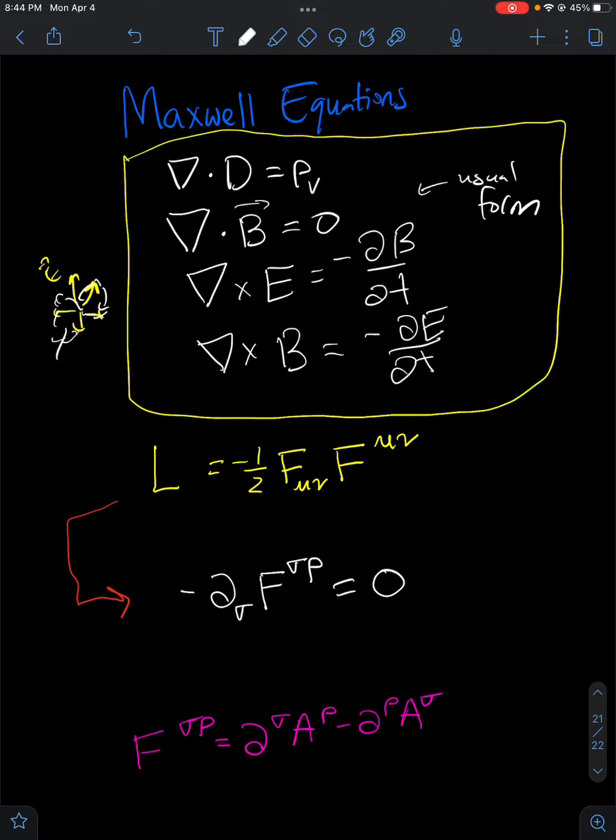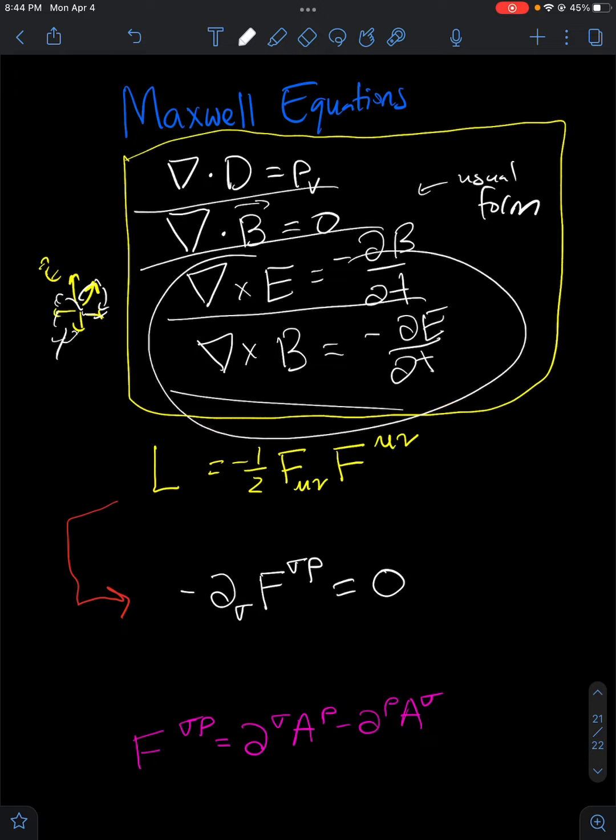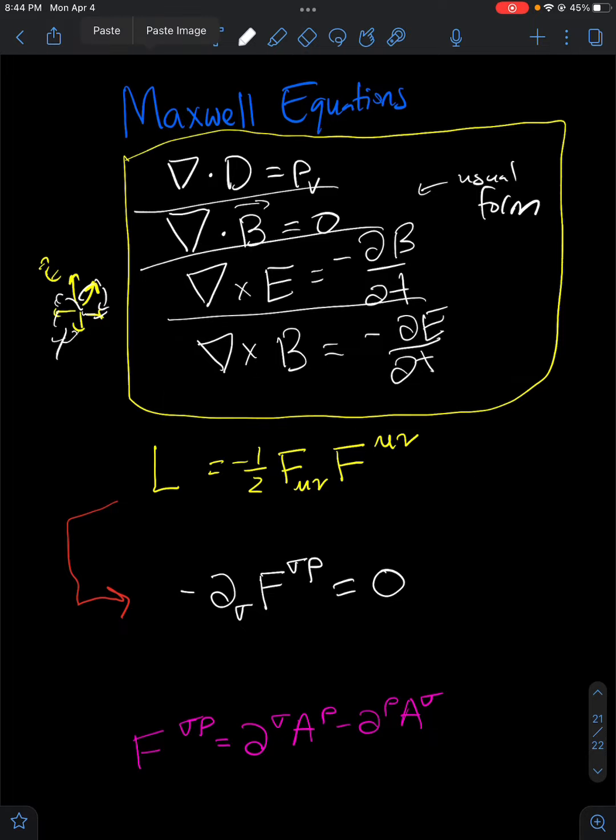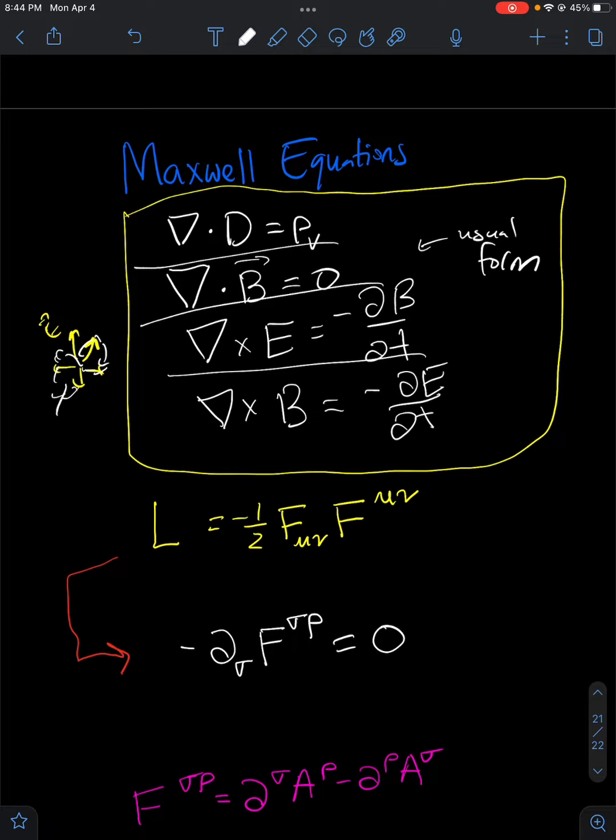So that's the basic idea around the Maxwell equations. And each of these equations stands for some important law. This is Faraday's law. Here we have Gauss's law, all these cool kinds of things. And they're all covered in classical electrodynamics. So this is the usual form of the Maxwell equations.